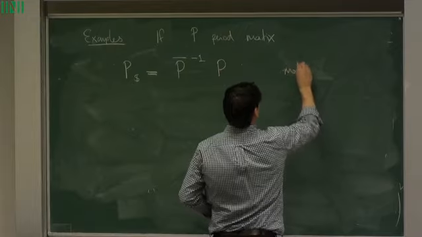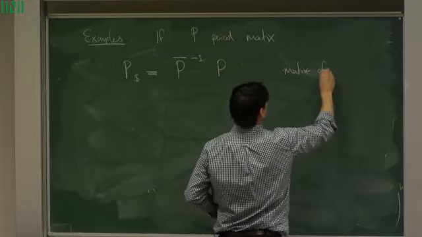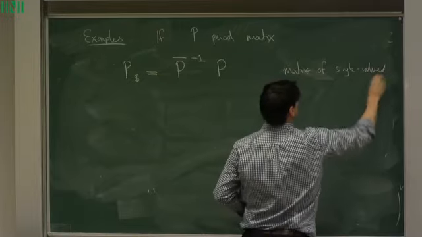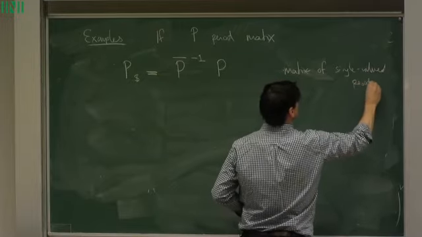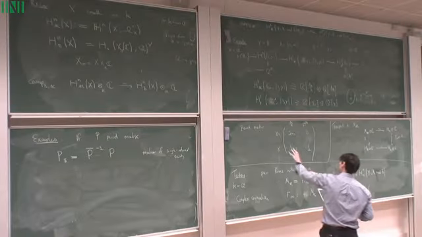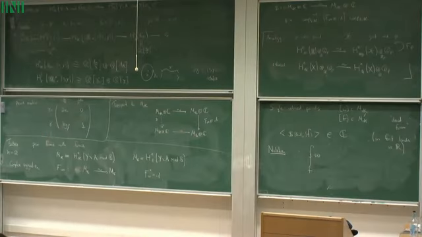And it's the matrix of single-valued periods. So it is to this sort of single-valued integration what the period matrix is to ordinary periods. And so that's something very concrete.